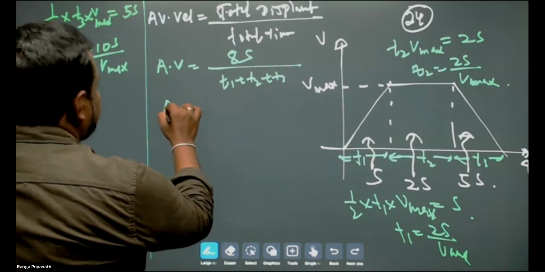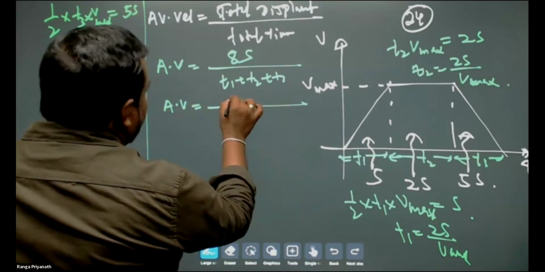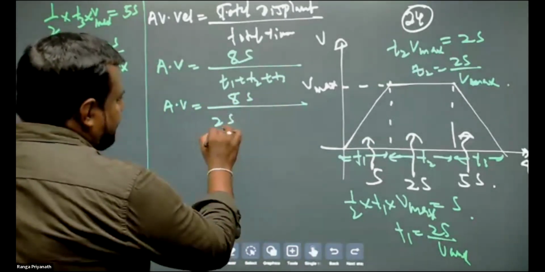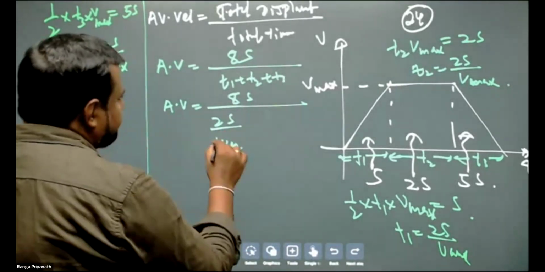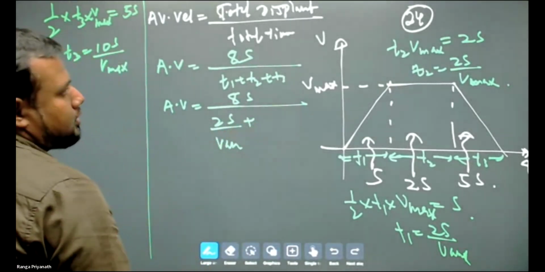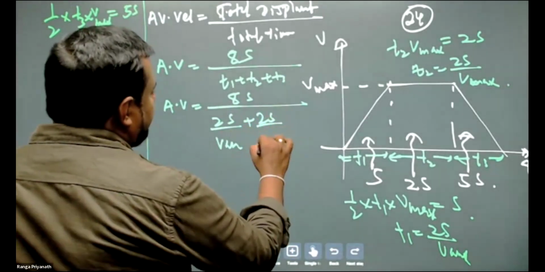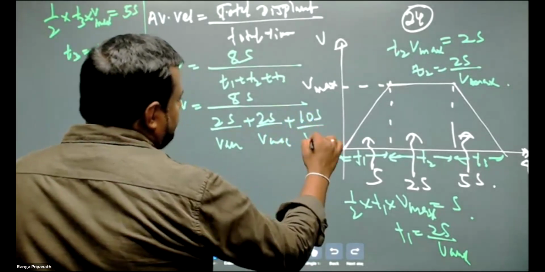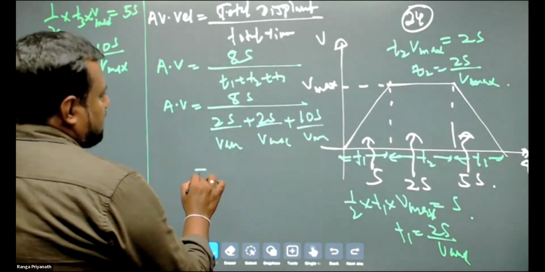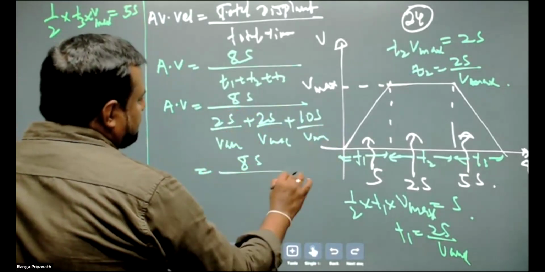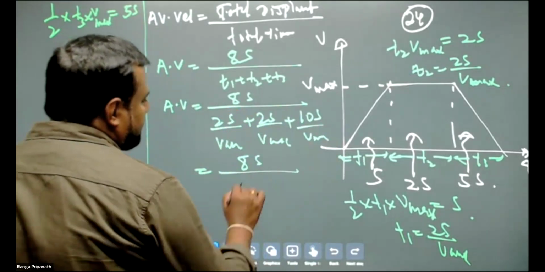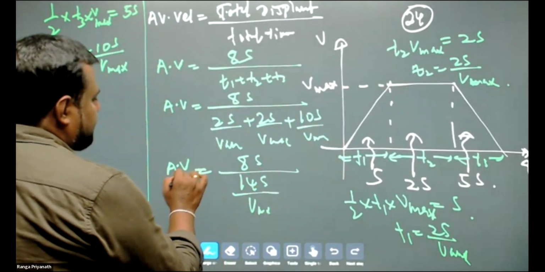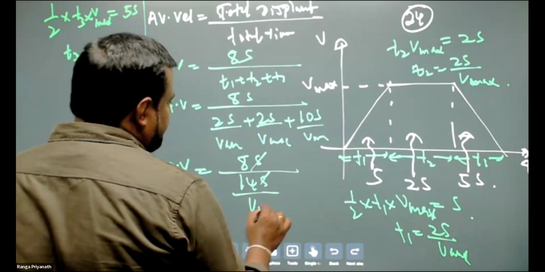Now, average velocity equals 8s over t1, 2s divided by Vmax, t2, 2s divided by Vmax, t3, 10s divided by Vmax. That is 8s over 2 plus 2 is 4, 4 plus 10 is 14s divided by Vmax. The s cancels.